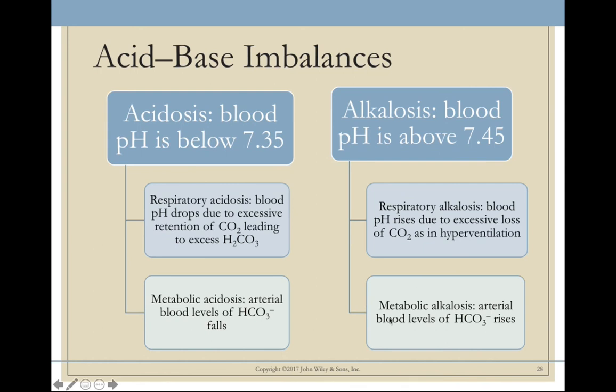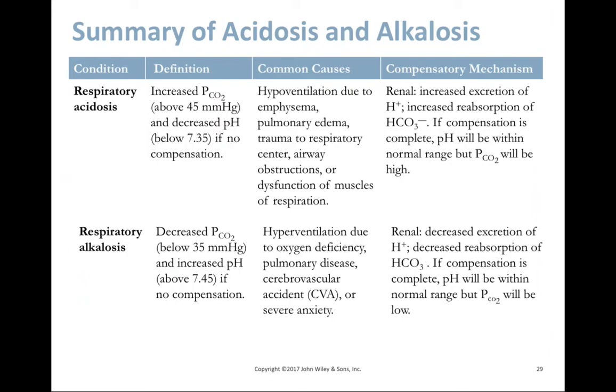So truly, it's our carbon dioxide levels that relate to respiratory acidosis and respiratory alkalosis, and it's our bicarbonate levels that indicate metabolic acidosis as well as metabolic alkalosis. We'll see on the next couple slides information comparing the respiratory acidosis and alkalosis to metabolic acidosis and alkalosis.